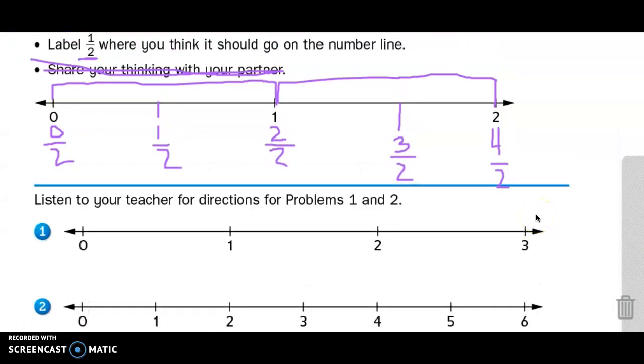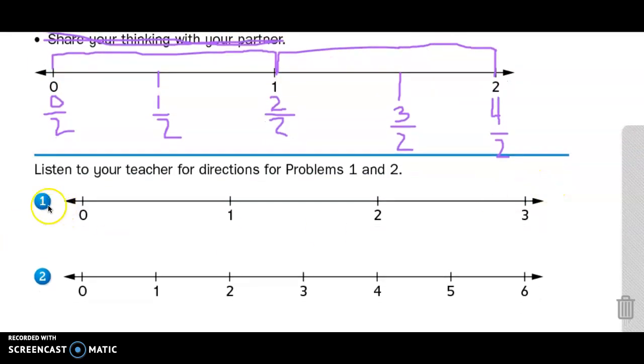Okay, let's see. If a whole is 0 to 1 and I had 2 wholes for this number line, how many wholes do we have for number 1? How many wholes are there? Well, remember, a whole is 0 to 1. So if I have that same distance, I have 1 whole, 2 wholes, and 3 wholes.